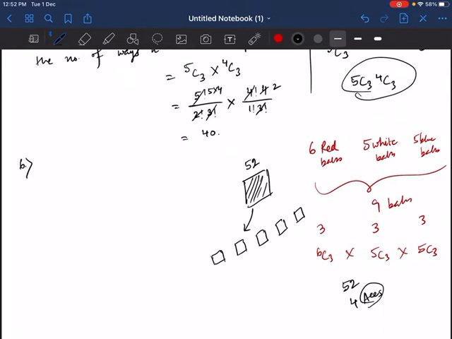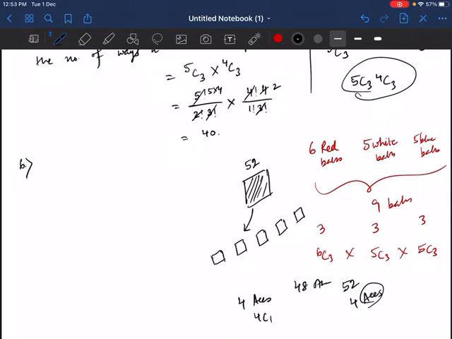So how many ways can we select an ace? We have 4 aces and 48 other cards. From 4 aces, I need to select one ace. That can be done by 4C1. I can select one ace from 4 aces in 4C1 ways.